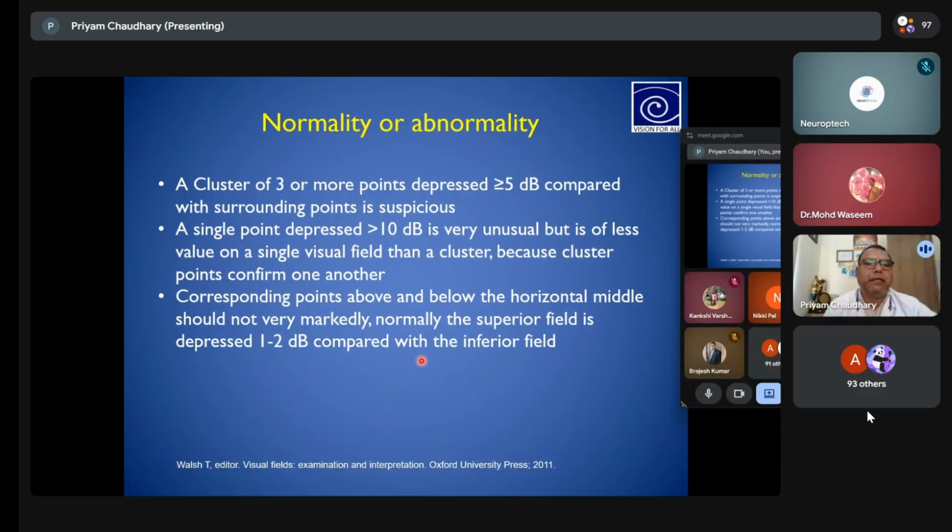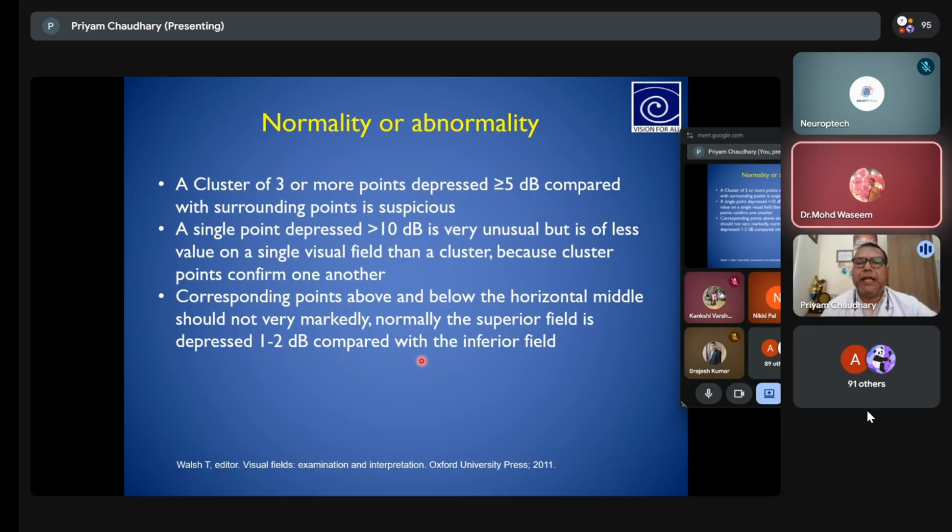Normally or abnormality. A cluster of 3 or more points depressed by more than 5 dB compared with surrounding points is suspicious.